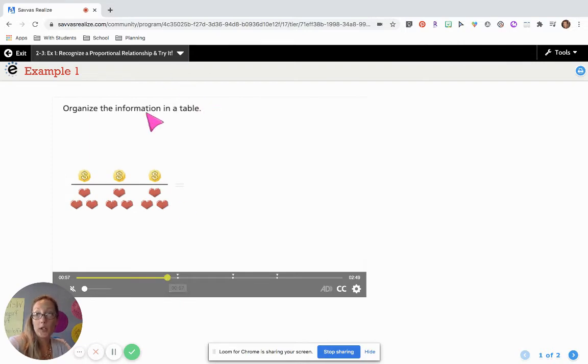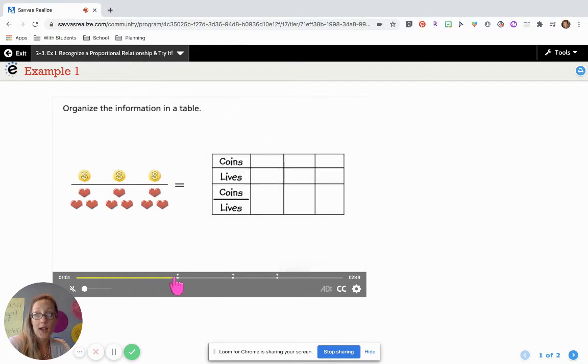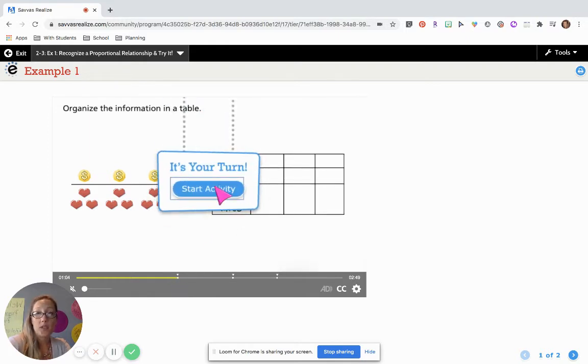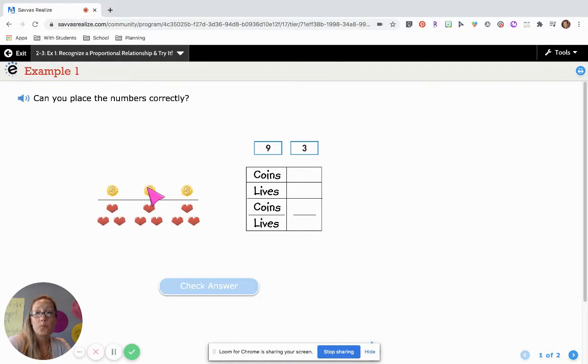So we could organize the information in a table. Let's do that. We're looking at coins, lives, and then coins to lives, because our question said, how does the number of gold coins found relate to the number of lives? How many coins did we find?